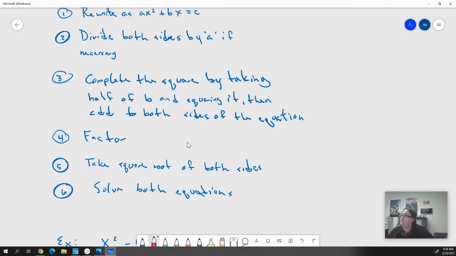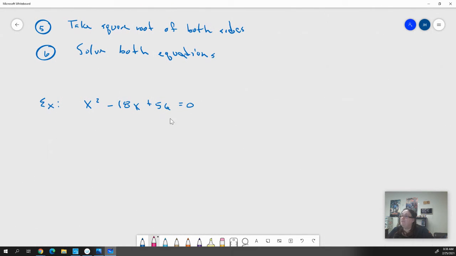That means I need to move this 56 over, so I subtract 56 from both sides and I am left with x squared minus 18x, I'm going to leave a little gap, equals negative 56. The reason I'm leaving the gap is because I'm going to put something in there.